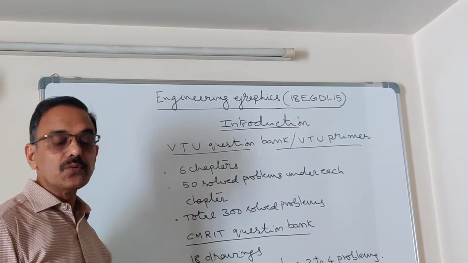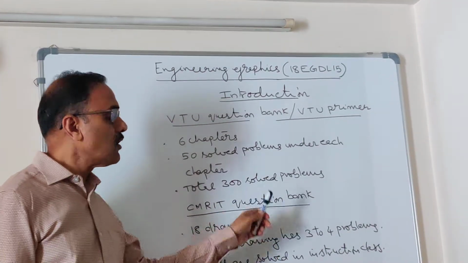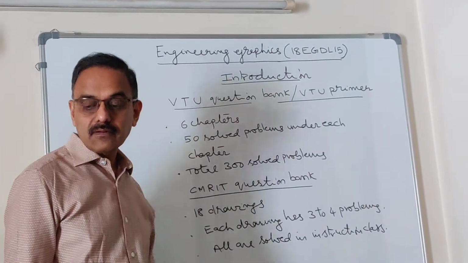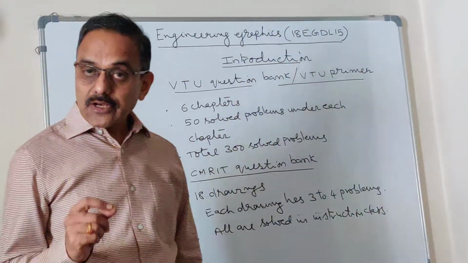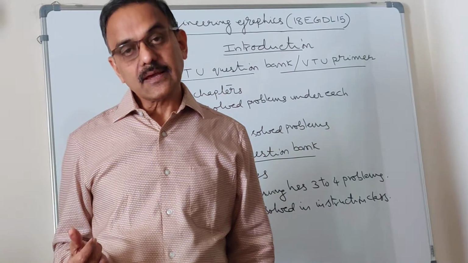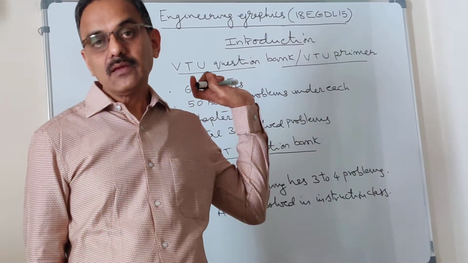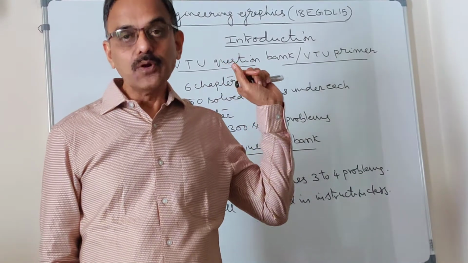So they are all given to you. Totally there are 300 solved problems in that question bank, and you are assured that any problem given in an internal test or an external examination is only from this VTU primer. So it has been made quite simple for you.